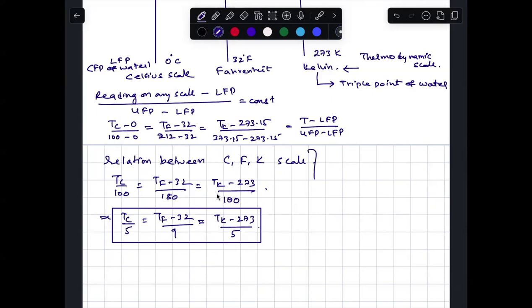So in general we regularly require the relation between Fahrenheit and centigrade. Therefore, T Fahrenheit is 9 by 5 times T centigrade plus 32. Right.